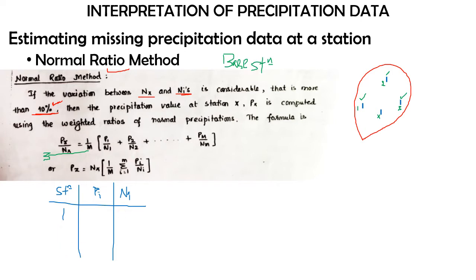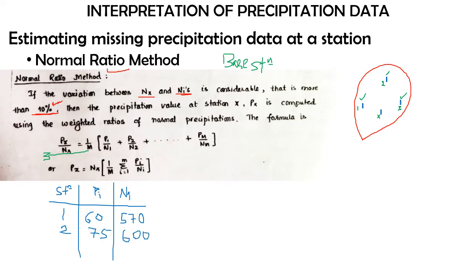So right now let us just try to give these values. For station 1, imagine the Pi value is let us say some 60 mm, and the Ni value for that is around 570 mm. Station 2, let us say, had 75 mm as the annual rainfall, that is Pi, and Ni, let us say, is somewhere around 600.